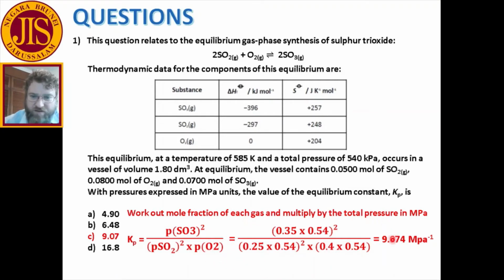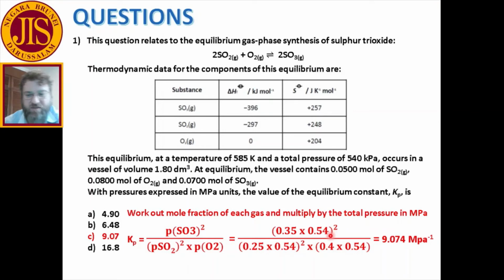And if you work this out, which isn't terribly easy on a calculator, I would recommend first of all doing these on Google search. You can learn how to do calculations on Google search. We looked at that last year. Because then if you make a mistake, you can always go back and change it. Whereas on a calculator, if you make a mistake with the parentheses or the memory storage, it's really a problem.